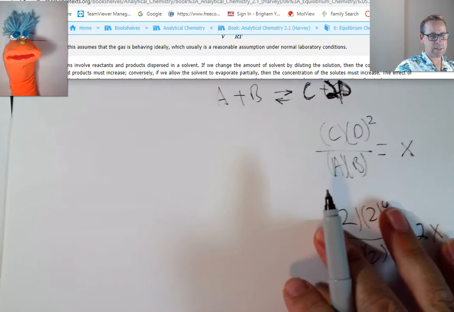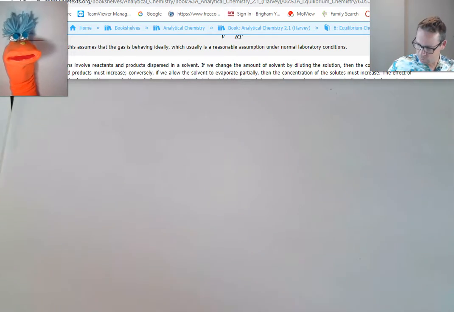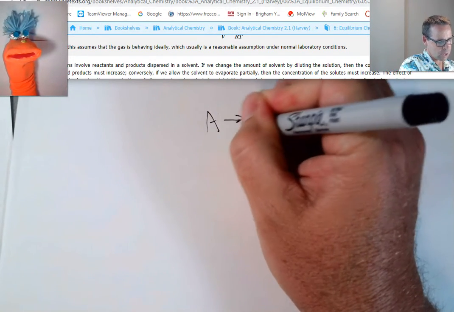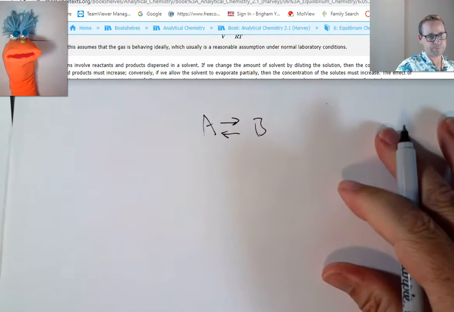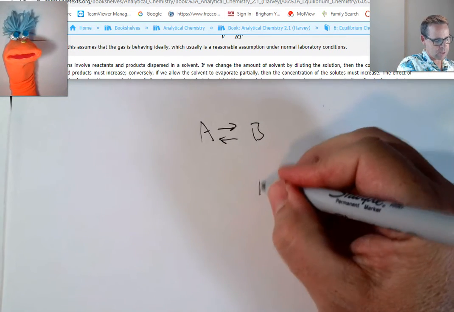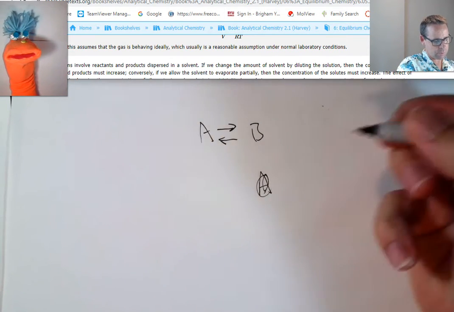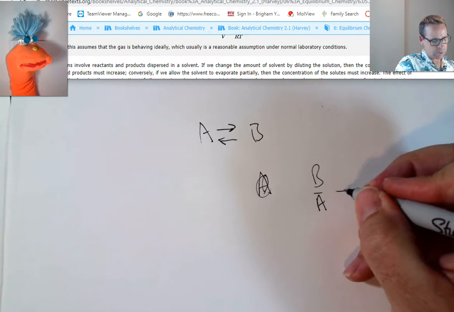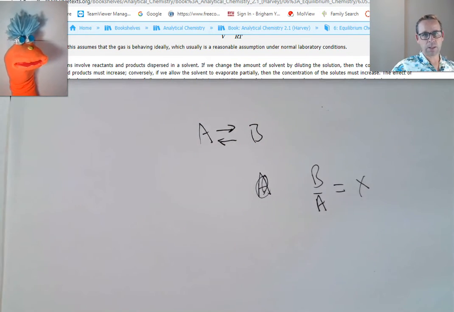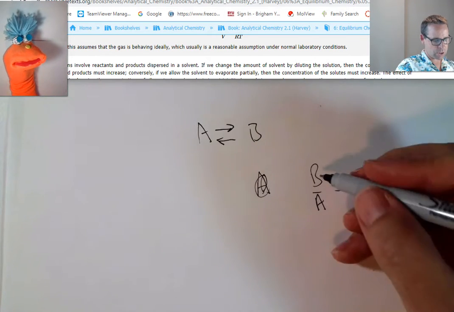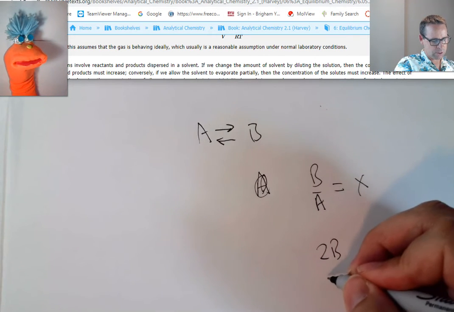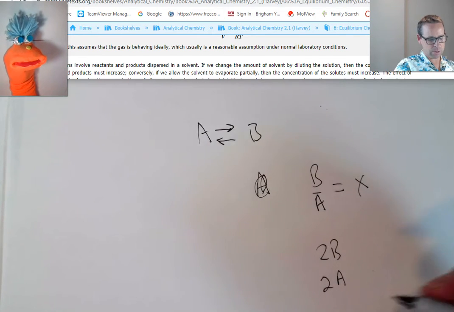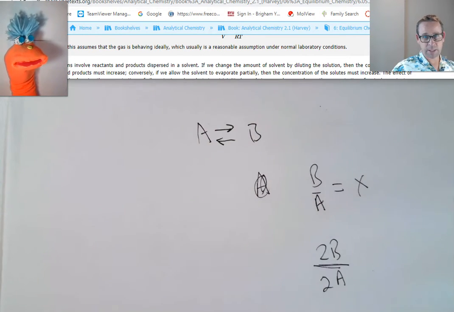Now let's do the same thing with a different chemical reaction, a more simple one, just A reacting to B, okay? The concentration of B over the concentration of A, right, that's our equilibrium statement, equals X, right? And then I change the concentration to, let's say, 2B over 2A.